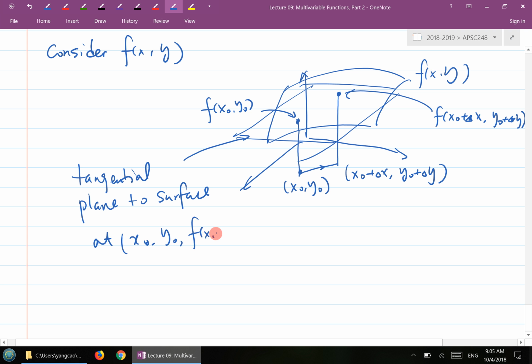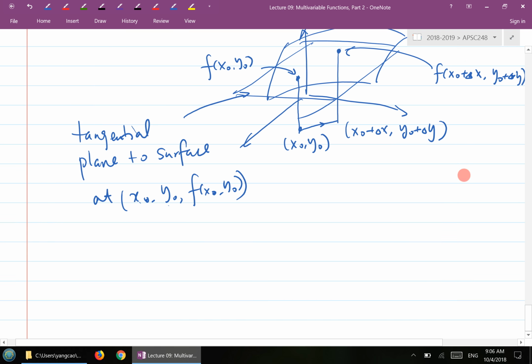These are 3D coordinates, x, y, z. I can use a tangential plane to approximate that surface around this location. Then instead of the actual change delta f, I can use the change along the plane as the approximated change.